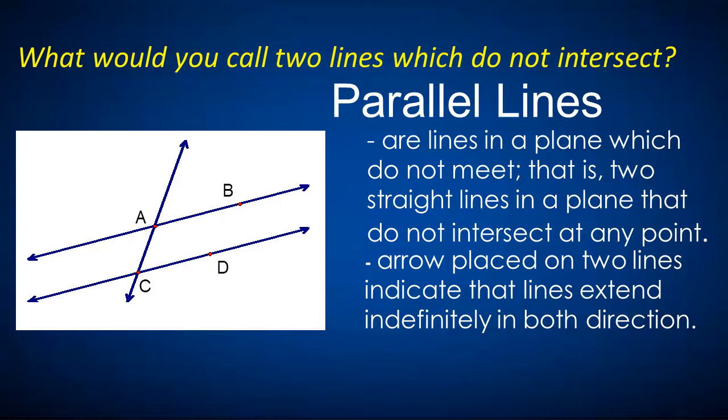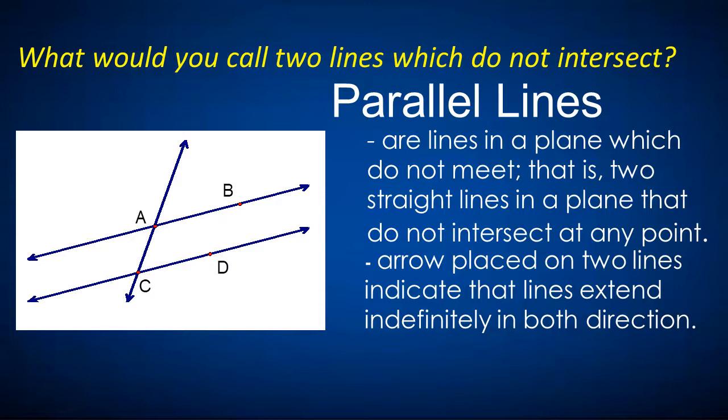So kung makikita nyo, yung mga lines natin, meron silang arrows sa both ends. Meaning, nag-extend sila in both direction. At kahit mag-extend yan indefinitely, walang katapusang mag-extend yan, hindi sila magmi-meet dahil the points are equidistant. So kung ano yung layo ng point mula dun kay A papunta dito sa kabilang line, yun din yung layo ng mga points mula dun sa isang line papunta dun sa line.